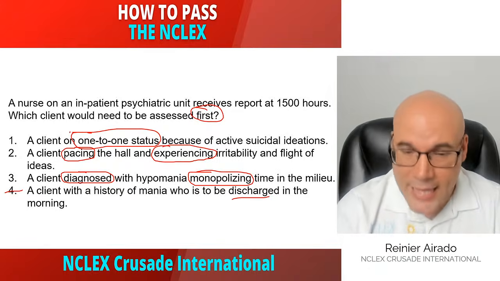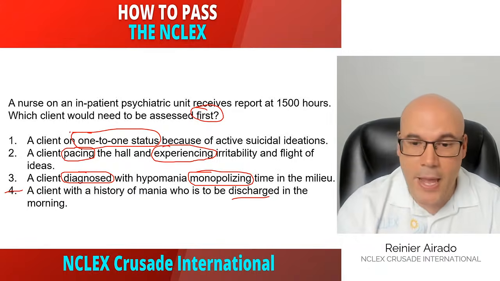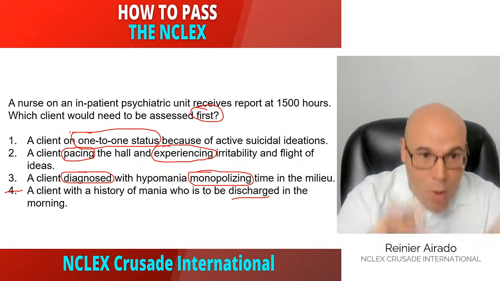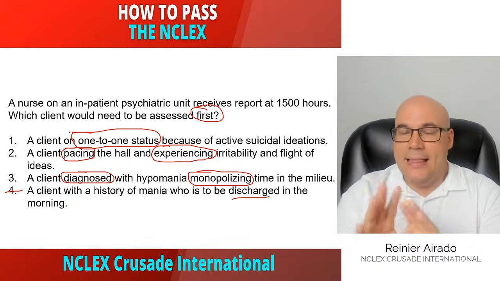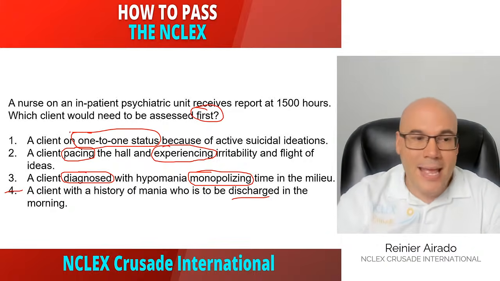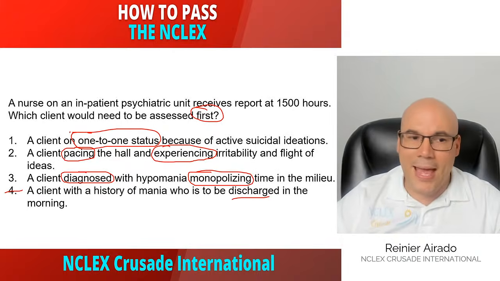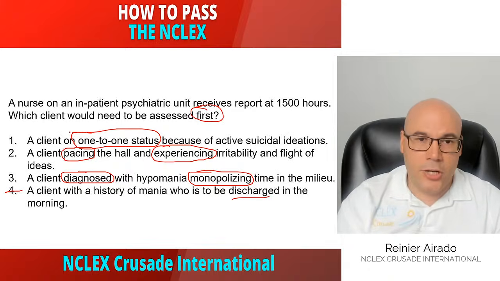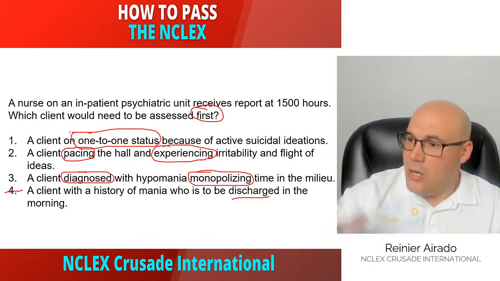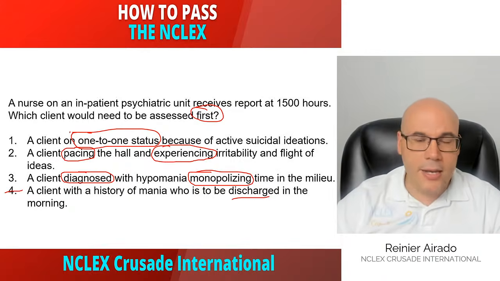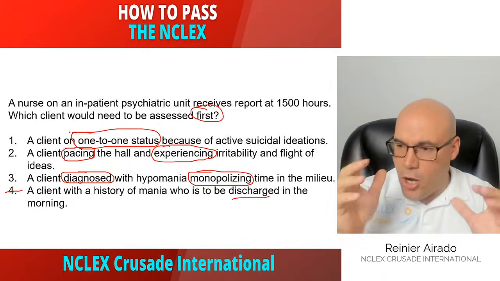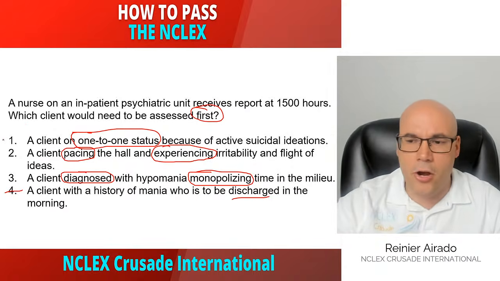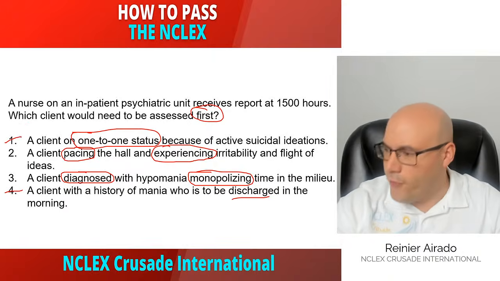So unless it indicates that this patient is out of control right now, like actively trying to kill themselves, and the staff member with that patient cannot control the problem, that is not going to be my priority. The patient has a diagnosis, we are in a psychiatric unit, the patient is inpatient and already has a member supervising them. I do not need to prioritize that patient first.